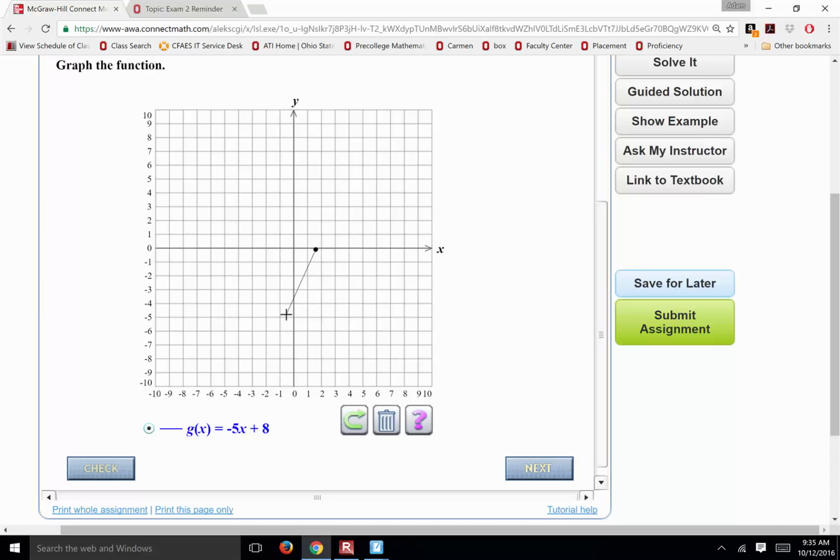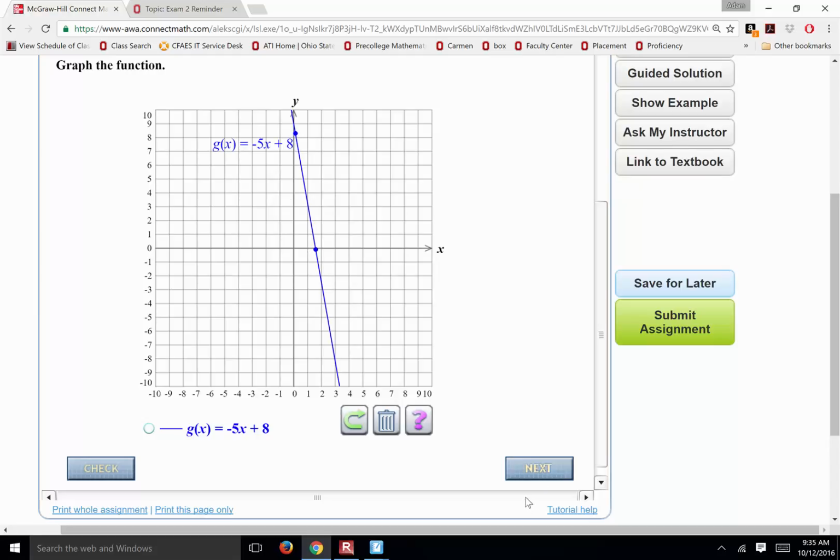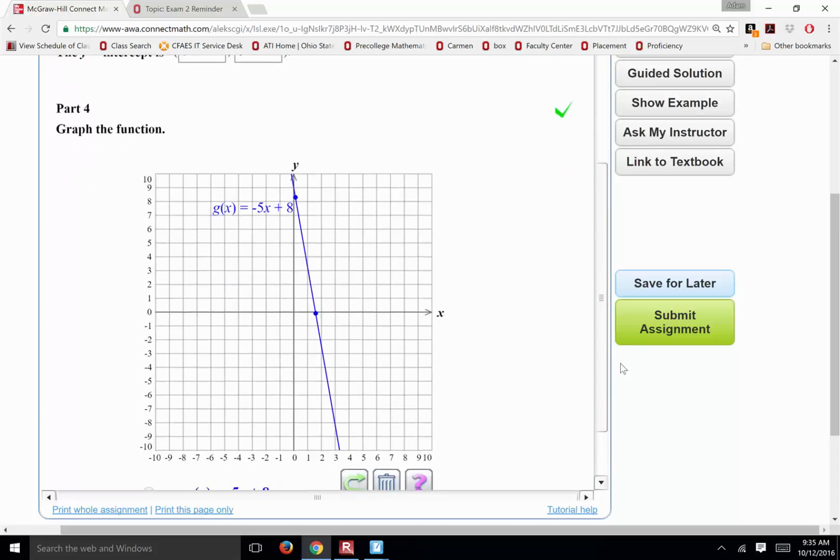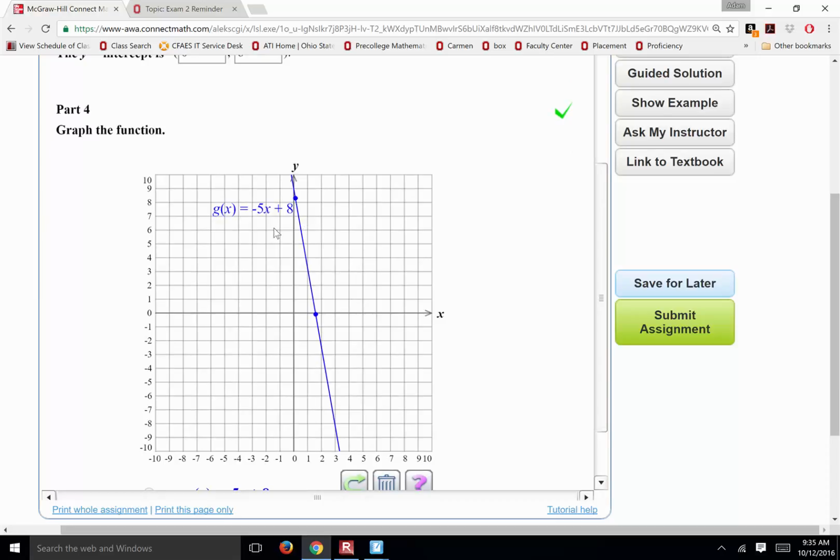And y coordinate is 8. I'm a little off. Let's hope it's gonna like it. It liked it. You don't have to be perfect. 8 is actually right here, but system is forgiving for little mistakes.